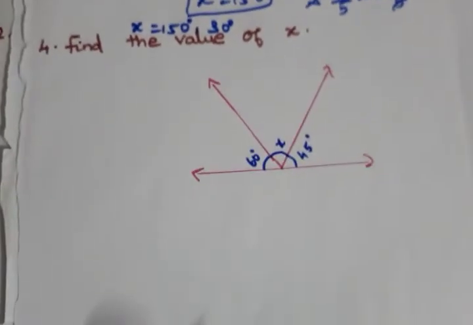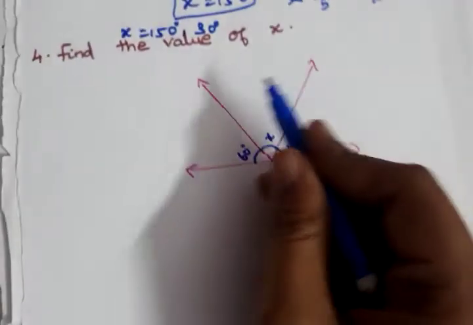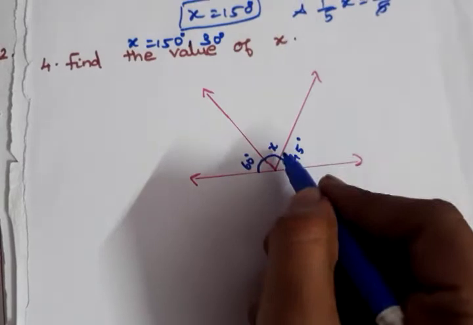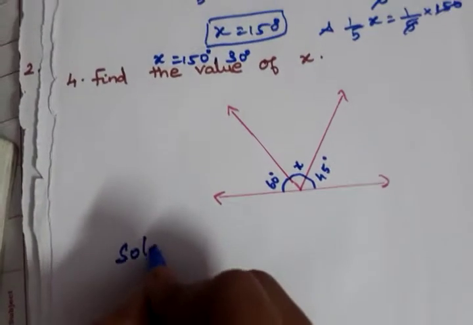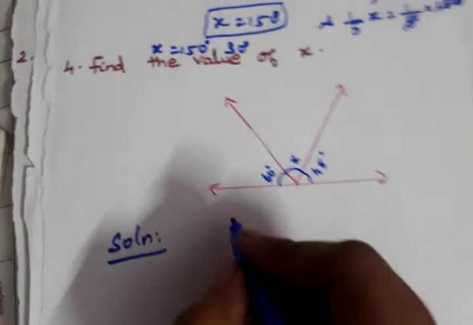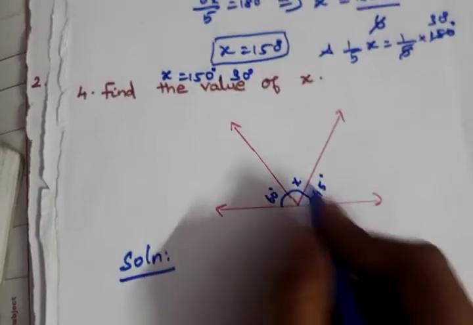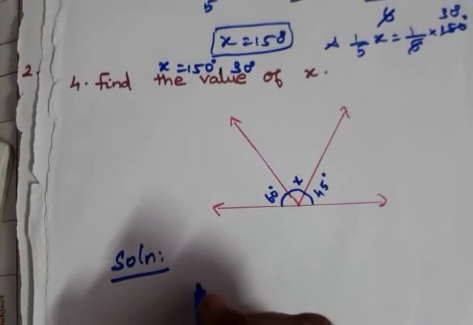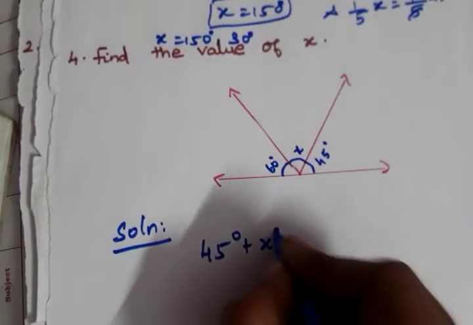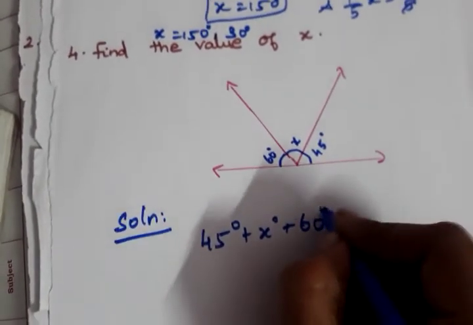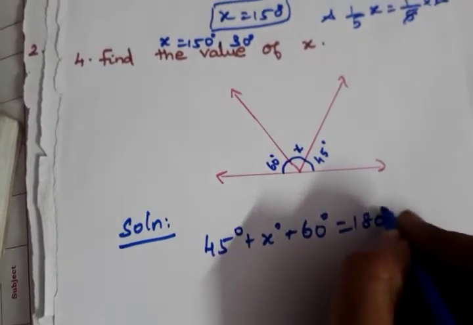Fourth sum, find the value of x. So it is an adjacent angle triangle, 60 degree, x, 45 degree. So add it. Solutions. Sum of the three angles is 180 degree. So 45 degree plus x degree plus 60 degree equal to 180 degree.